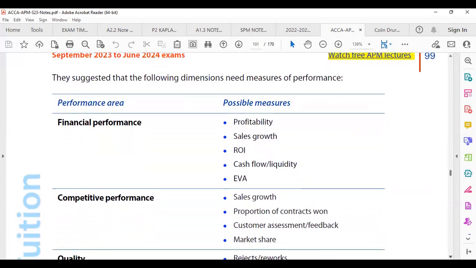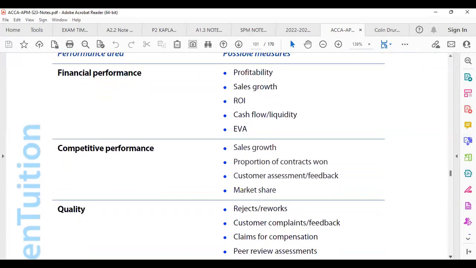So there are financial issues related to that, and competitive performance. For financial, we check the things we know: profitability, sales growth, return on investment, cash flow and liquidity, EVA. Sales growth will be under competitive, along with proportion of contracts won, customer assessment, market measures.